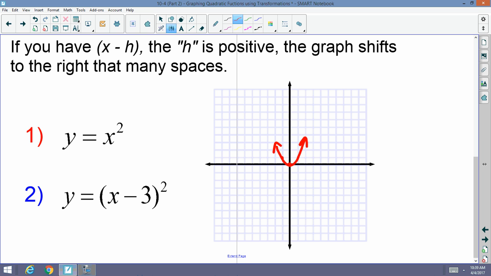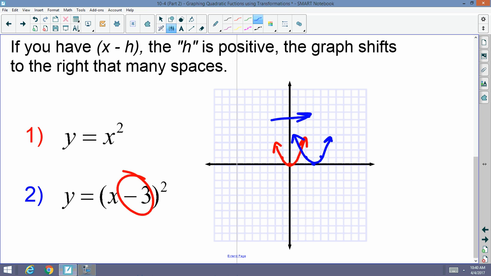But now I have a -3 here, so I'm shifting to the right 3 places. So I go 1, 2, 3 to the right, 1, 2, 3 to the right, and 1, 2, 3 to the right, and bada bing, bada boom. This time I shifted to the right 3 places. Does that make sense, guys?